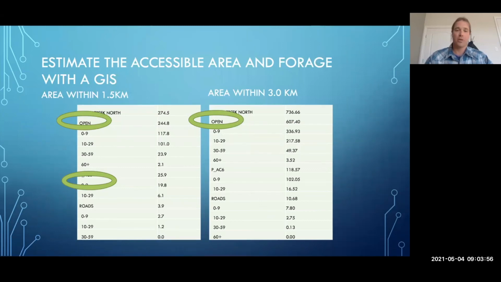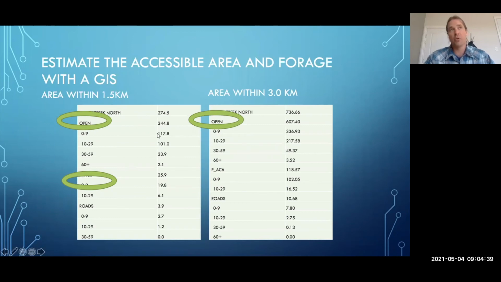So an example of how this would look is if you take that open forest within 1.5 kilometers of this water development, and it breaks down your 0 to 10% slope as being about 120 hectares, your 10 to 30 being about 100 hectares, and anything over 60% slope is probably completely inaccessible. So that would just be taken out of the forage calculation. And even in some situations, maybe you'd want to take the 30 to 60% slope out of the forage calculation as well. But the spreadsheet allows for that.